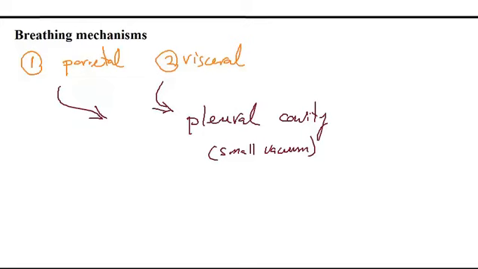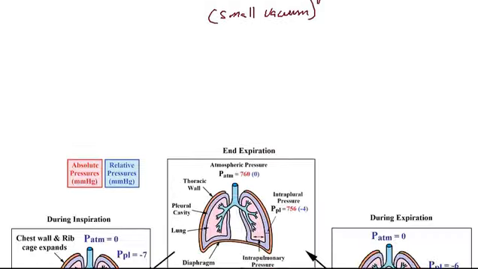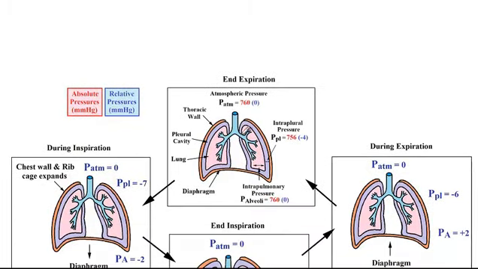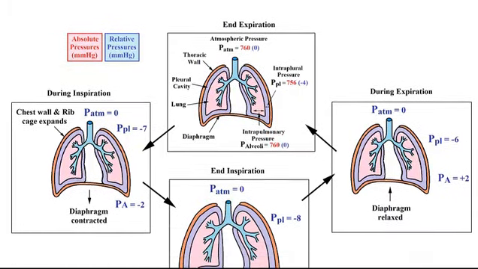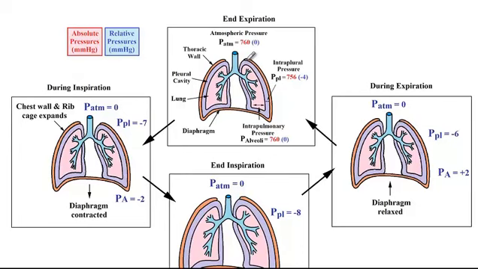So now I can show you what happens with the structure of the lung. Just focus on the image that I've shown you right here. We have the atmospheric pressure that is at 760. Then we have the intrapleural pressure, which is basically the pressure between the visceral and the parietal layer. Here we have the visceral or inner layer and then the parietal or outer layer. This vacuum, shown by -4 millimeter Hg, is holding the lungs and the chest wall together.